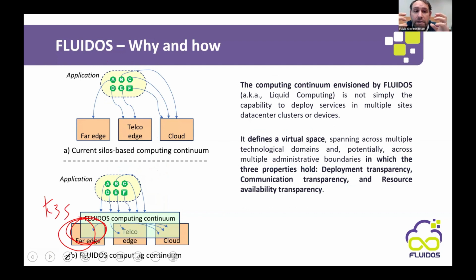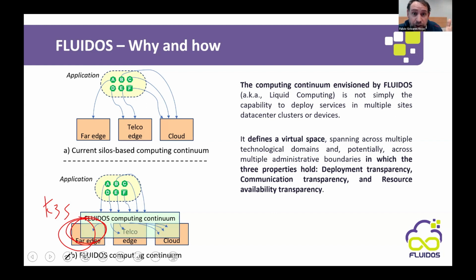For us, each Fluidos node is a Kubernetes cluster, and any Kubernetes cluster can join and peer another one, creating a virtual space that shares resources with both. This virtual space is provided mostly by Liqo and some other components we're developing.